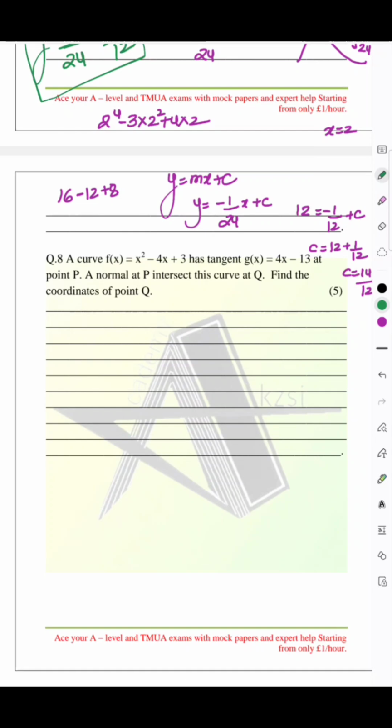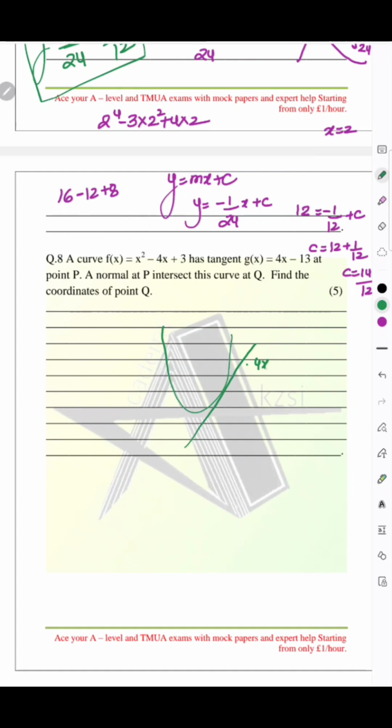Question 8 says a curve f of x equals x squared minus 4x plus 3 has a tangent with equation y equals 4x minus 13. So this is a curve, actually a quadratic, a parabola, and it has a tangent like this.